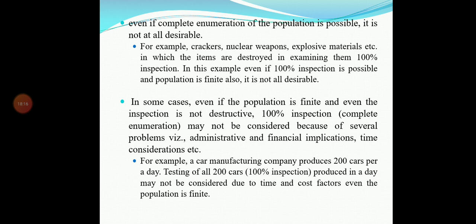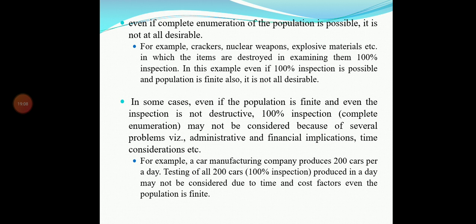In some cases, even if the population is finite and the inspection is not destructive, the above case being destructive, here the material is not explosives, crackers, weapons, chemicals, etc. In such a case, 100% inspection, that is complete enumeration, may not be considered because of several problems like administrative and financial implications and time considerations.